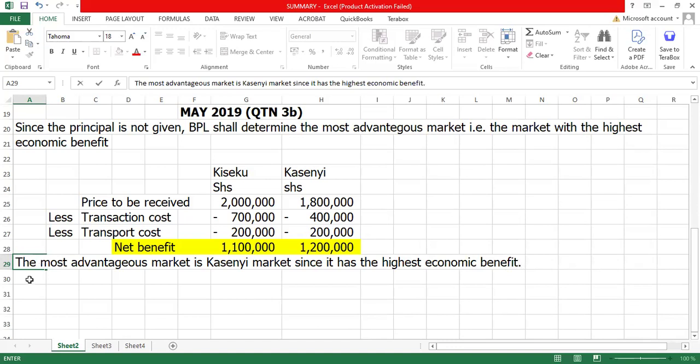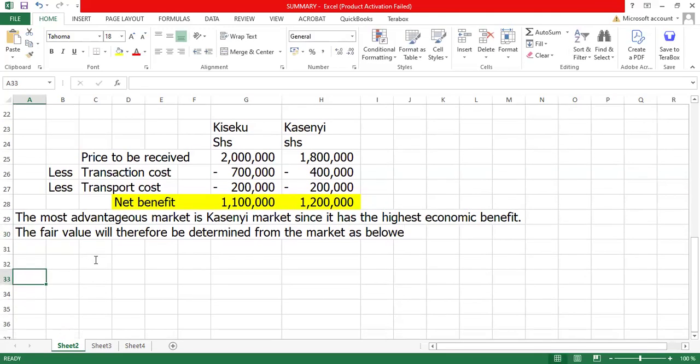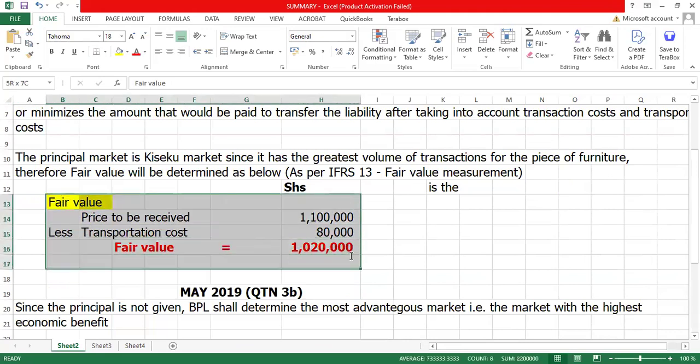So as you know your most advantageous market, you will say that therefore the fair value will be determined from this Kasenyi market as below. Once you know your most advantageous market, you follow these steps.